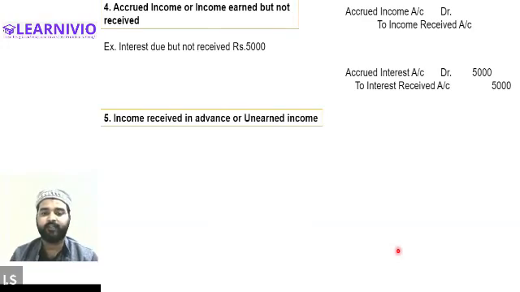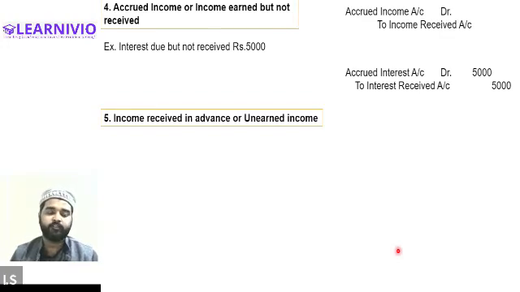Income received in advance or unearned income. Now, income for which you are already entitled but not received is known as accrued income, and I have just told you that accrued income is your asset. Similarly, if income is received but is not yet accrued, it is unearned, you are not yet entitled to receive that income.